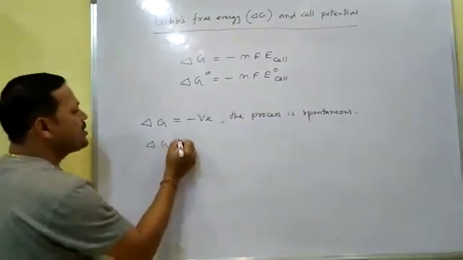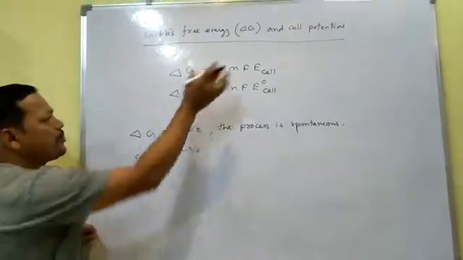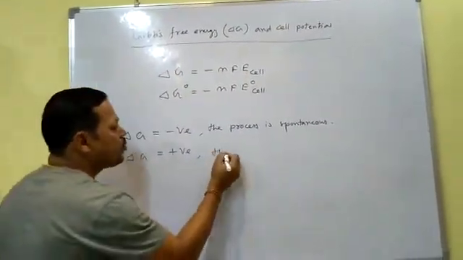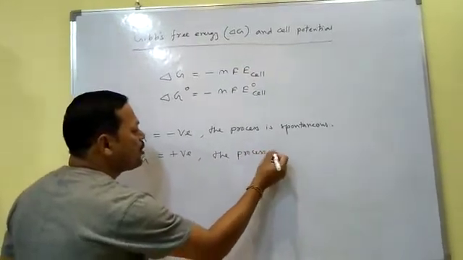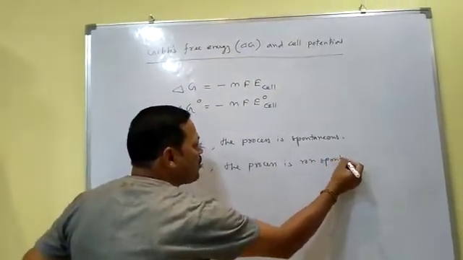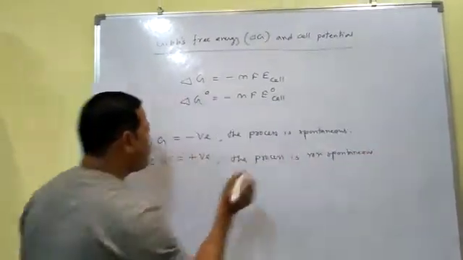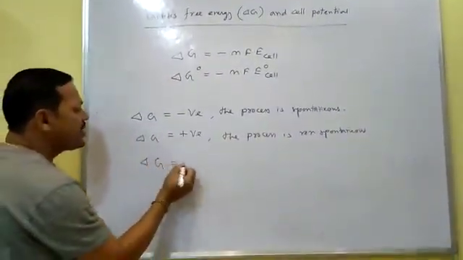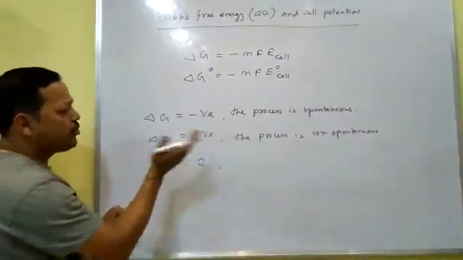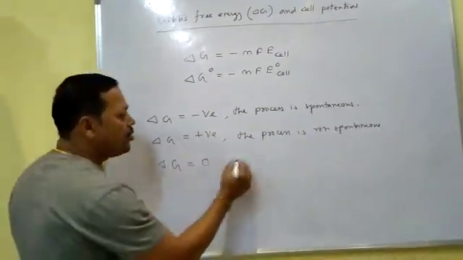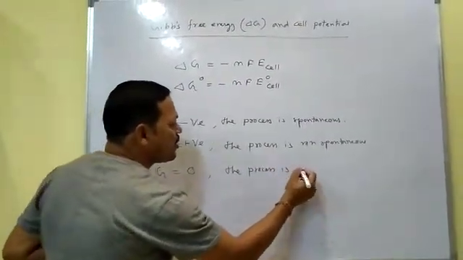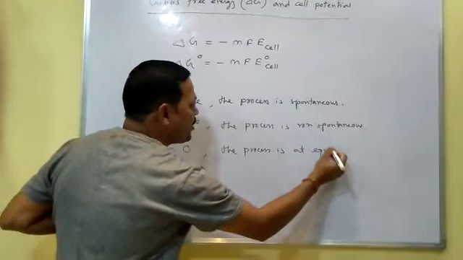And if delta G is positive, I mean after putting in the values, if you get a positive value of delta G, then the process is said to be non-spontaneous. And if delta G equals 0, neither positive nor negative, that means the process is at equilibrium.